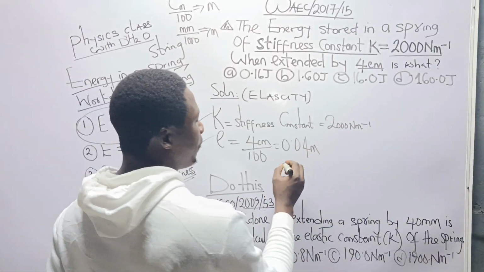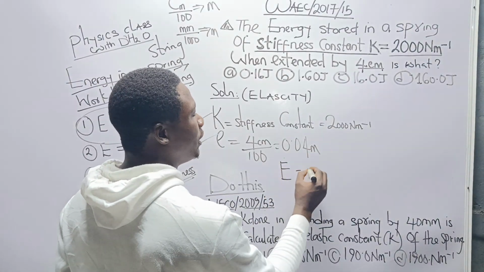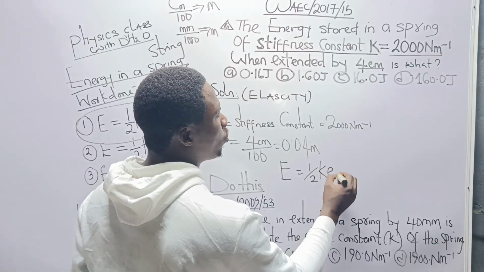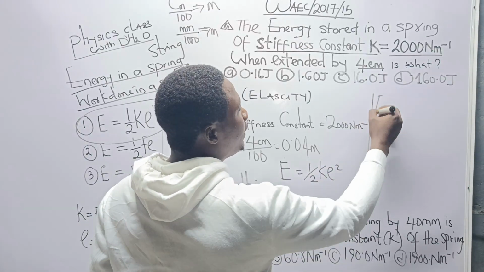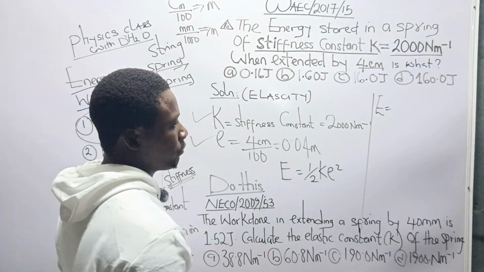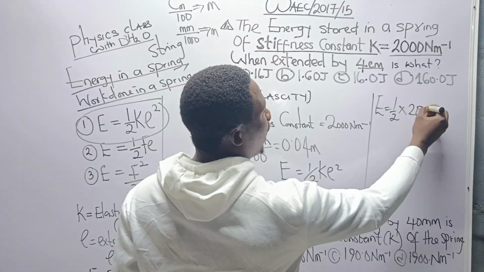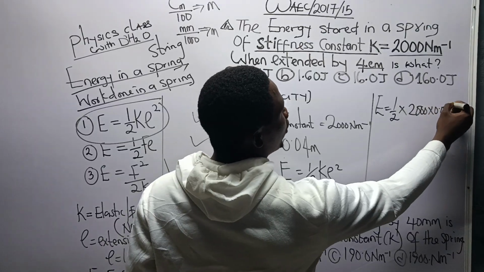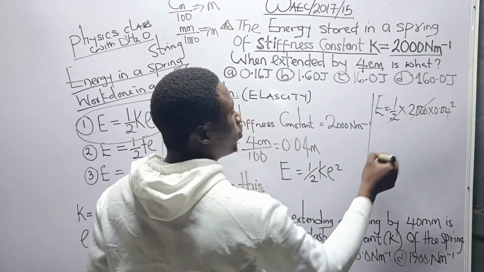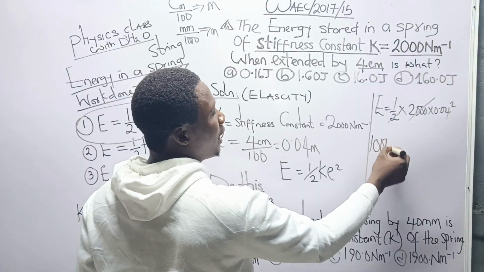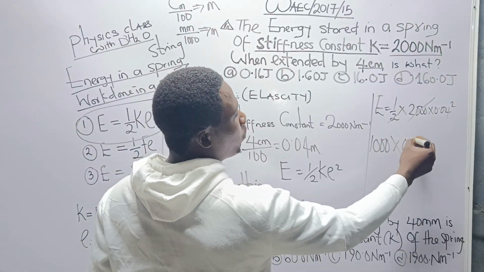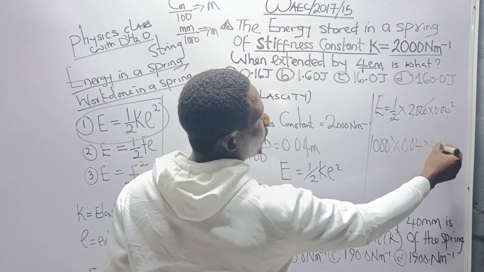So if I deploy my formula 1, energy is 1 over 2 Ke squared. So therefore, the energy will be equals to 1 over 2 times K, which is 2000, times 0.04 squared. So 2 cancels 2000, you have 1000 times 0.04 times 0.04.